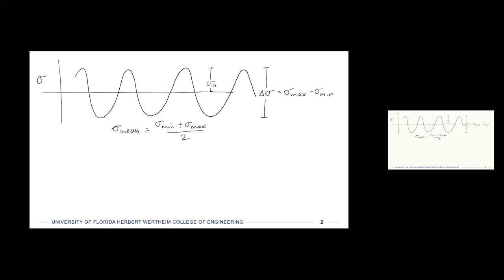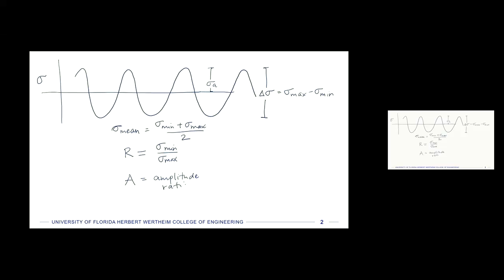We can calculate a stress ratio if we want. And that would be called R. Okay? And R is just going to be the minimum stress divided by the maximum stress. And then if we want to, we can also take this ratio and apply it to these min and maxes with the stress amplitude in there as well. So we're going to call that capital A, which is the amplitude ratio.